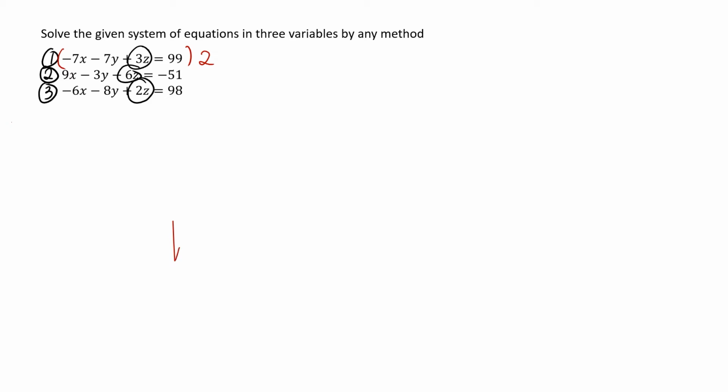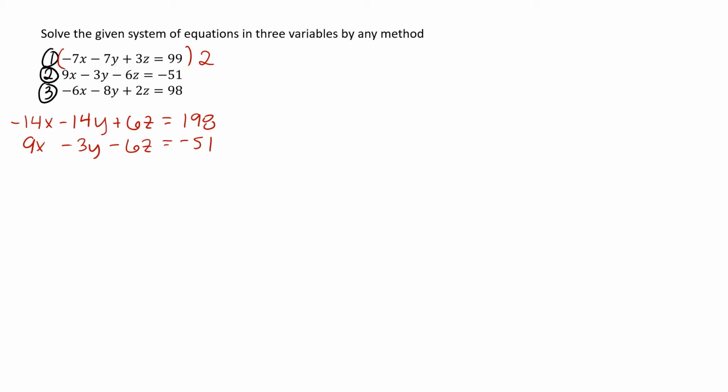So I get negative 14x minus 14y plus 6z equals 198. And then I'm just going to rewrite my second equation: 9x minus 3y minus 6z equals negative 51. I'm going to erase these circle things so I can see it better.